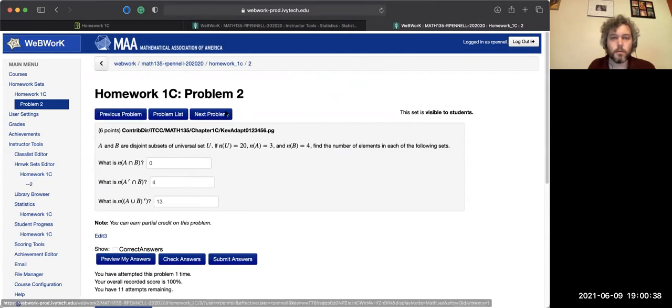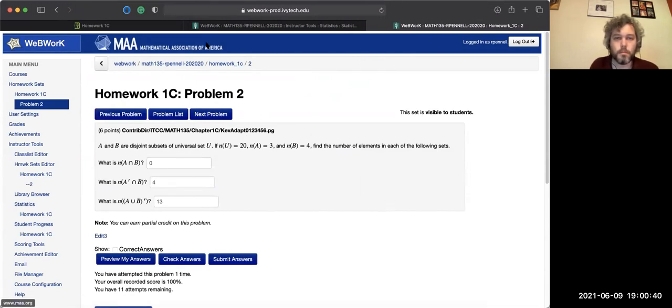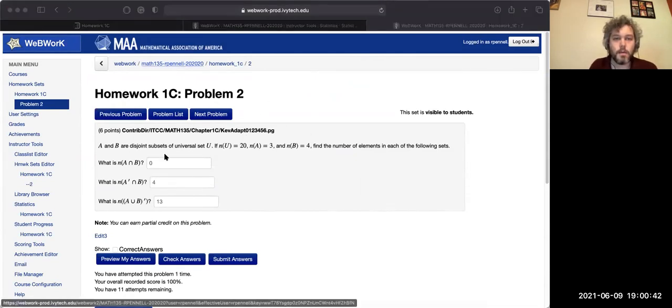Okay, very similar, but not exactly the same. A and B are disjoint, so that means the number in A and B is 0, or you could say that A and B are the empty set. The universe equals 20, A equals 3, B equals 4. Find the number of the elements in each set. So what is the intersection? Well, it's 0.